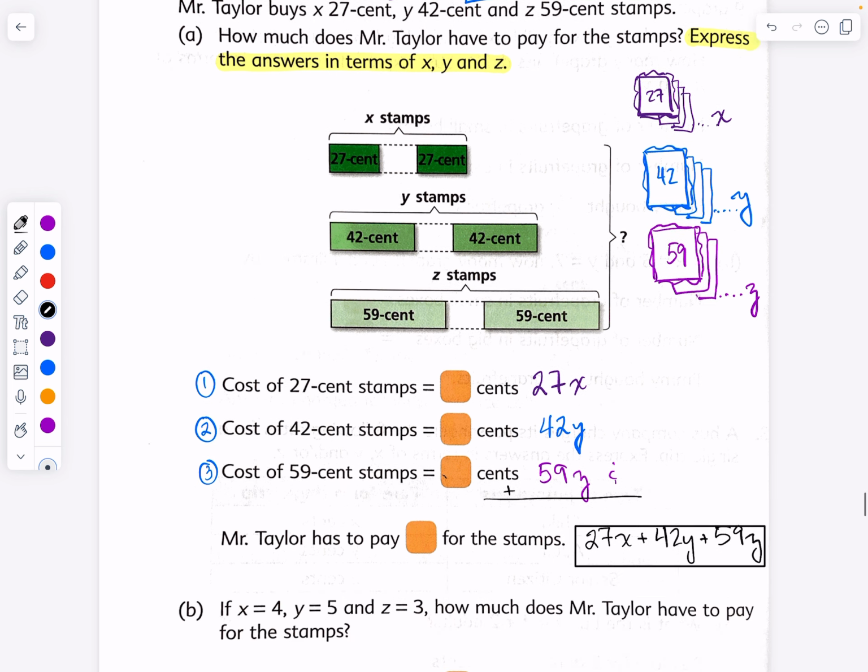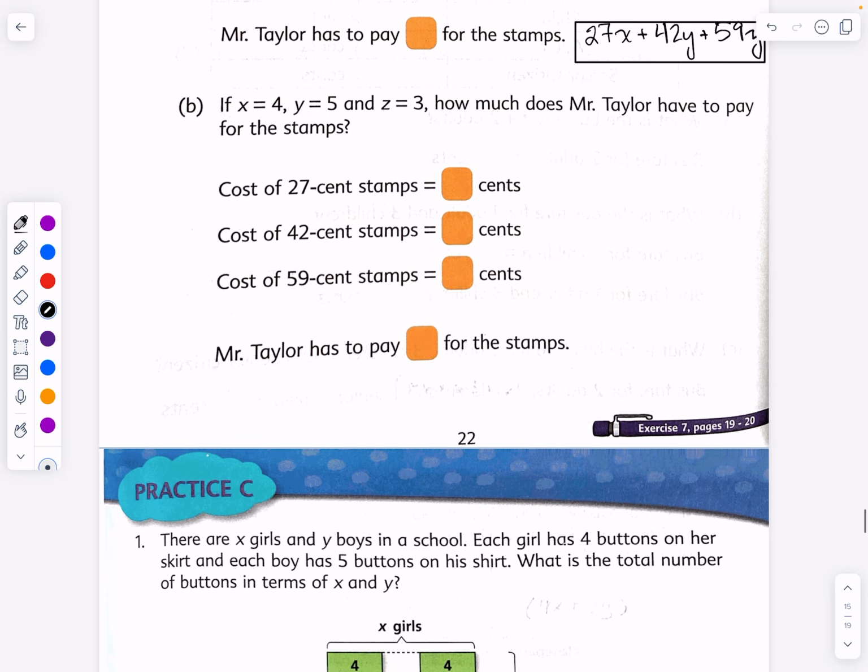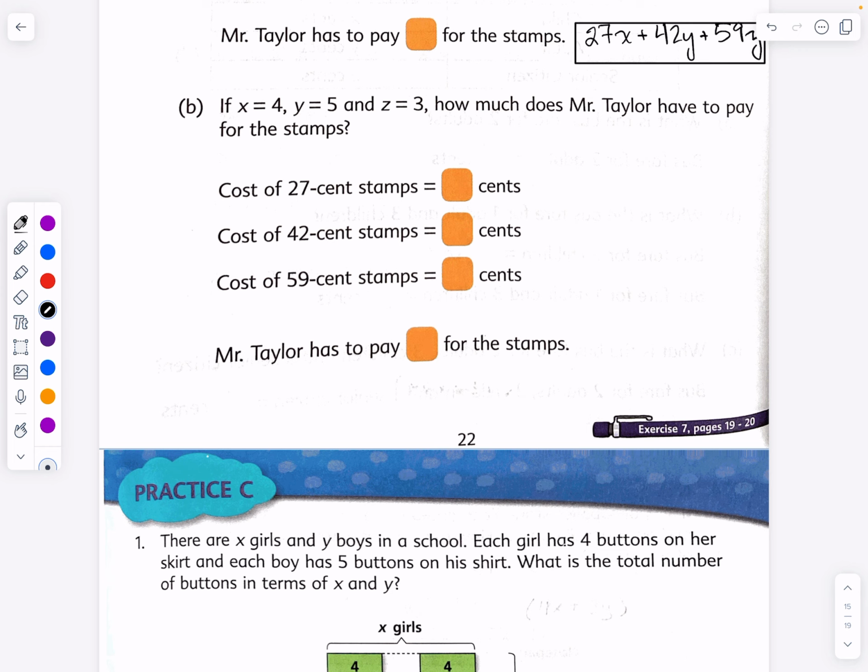Now, what do we do with this expression? Well, we can solve different cases. Look at that. Part B: if x equals 4, y equals 5, and z equals 3, how much does Mr. Taylor pay altogether at the post office? Let's substitute. We've used this mechanism before. In place of x, we would write 4.